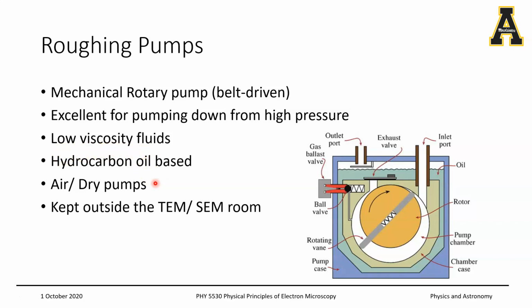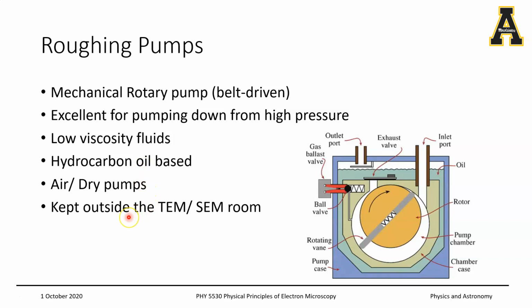And then there are different variants of a rotary vane pump. You can have a hydrocarbon oil based, or you can have air or dry pumps. In our department, if you do any kind of research, you will definitely encounter one of the two. The air pumps are a bit more expensive compared to the oil-based pumps.